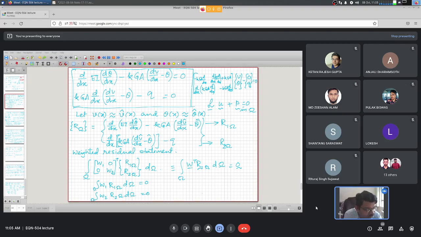Right? So, too good to be true. You relax a major assumption in the Euler-Bernoulli hypothesis and you are moving towards a more generalized theory, and by moving towards a more generalized theory, you seem to have developed a simpler formulation.